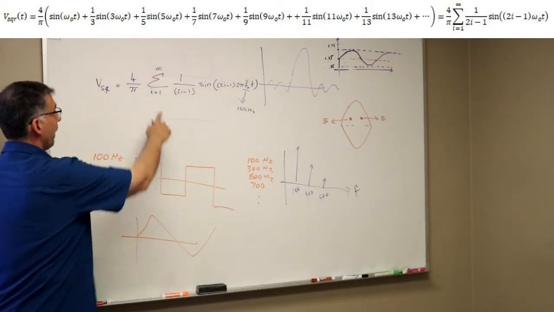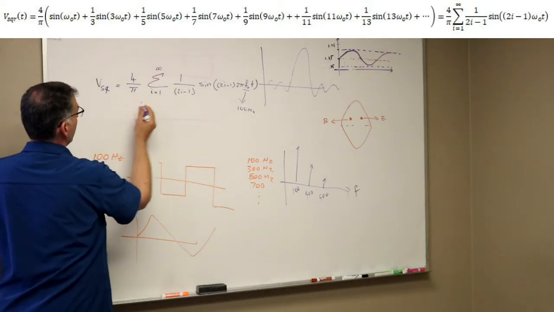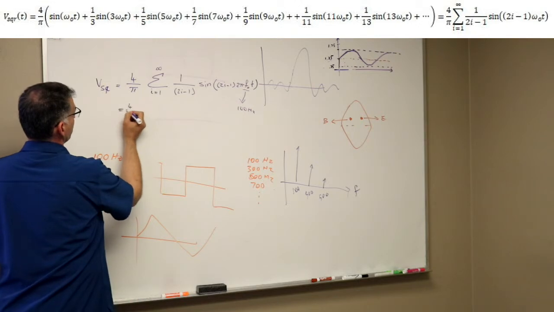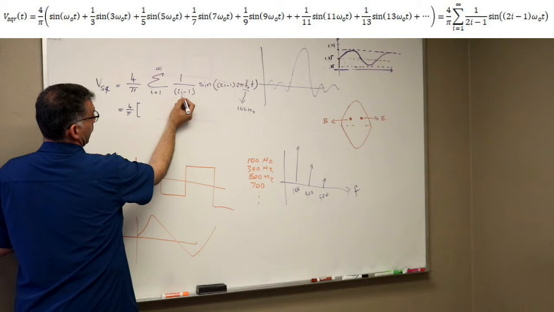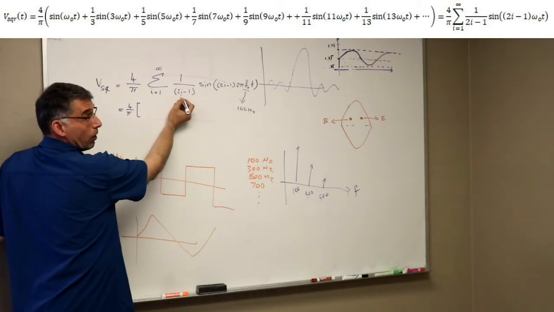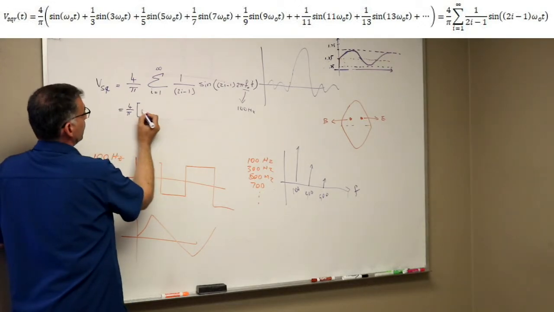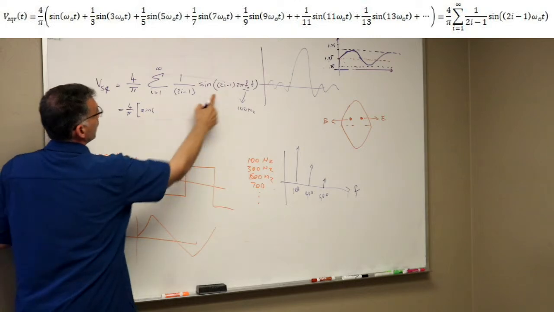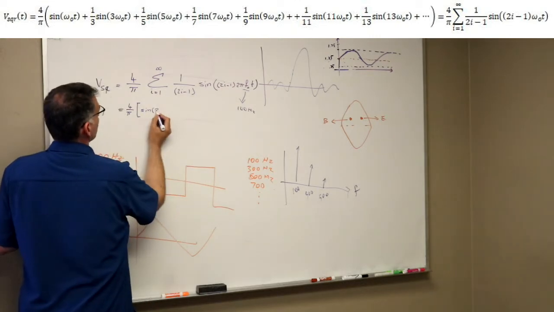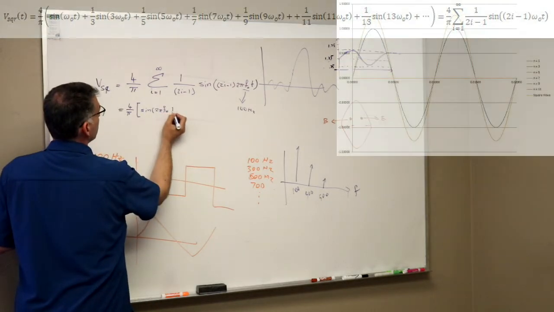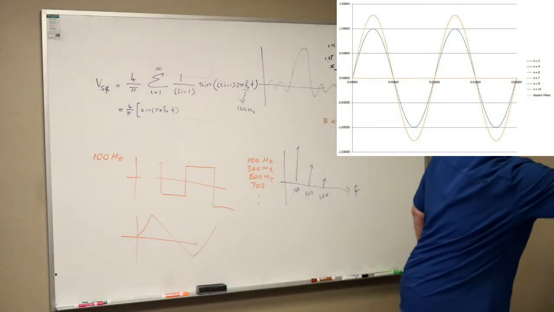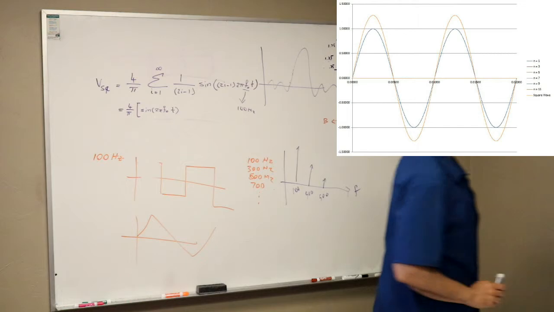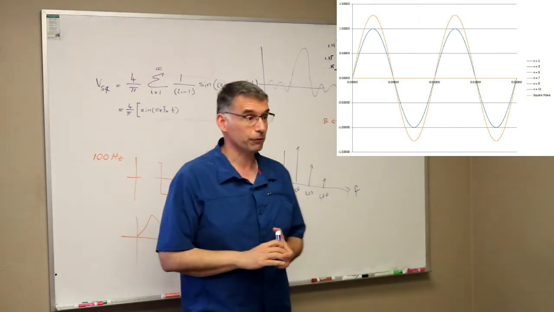So if I put i equal to 1, what do I get? First of all, I have 4 over pi. I put 1 in here, 2 times 1 is 2, minus 1 is 1. So the amplitude is 1, sine of 1 times 2 pi f naught t. And you can see, this is that first frequency, that fundamental sine wave.